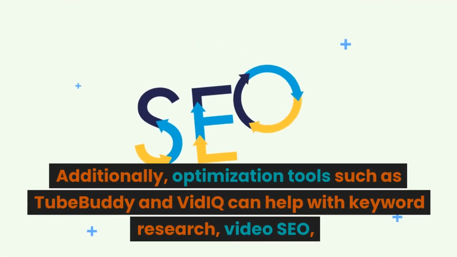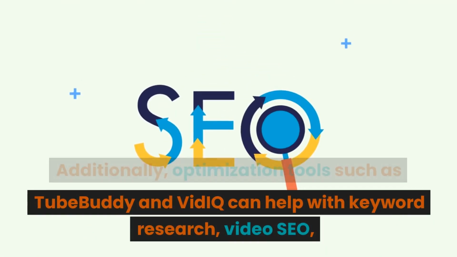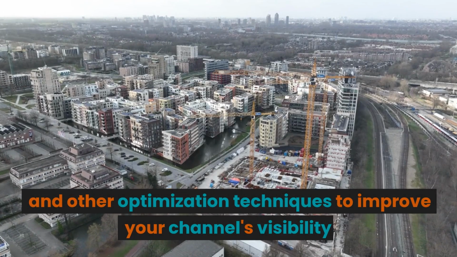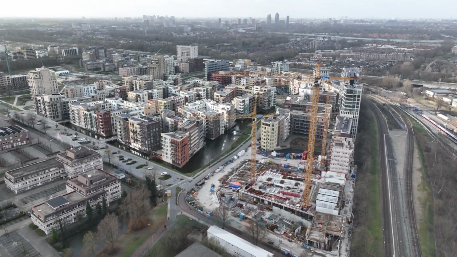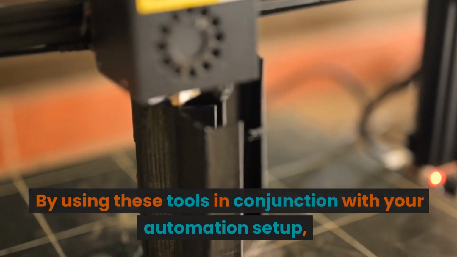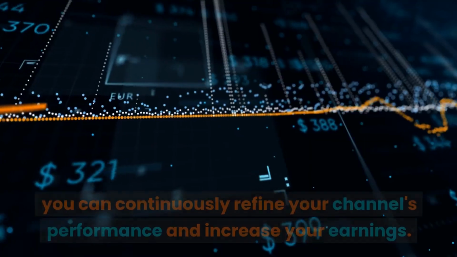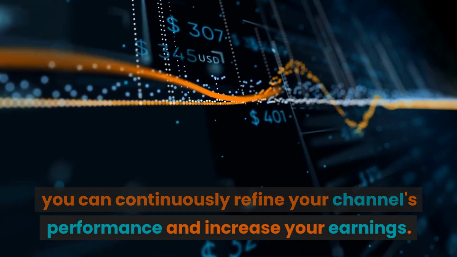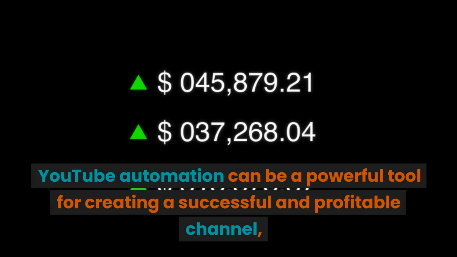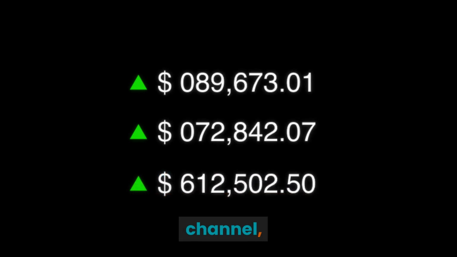Additionally, optimization tools such as TubeBuddy and vidIQ can help with keyword research, video SEO, and other optimization techniques to improve your channel's visibility and reach a larger audience. By using these tools in conjunction with your automation setup, you can continuously refine your channel's performance and increase your earnings.